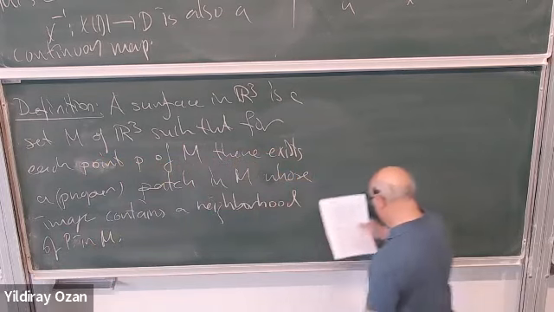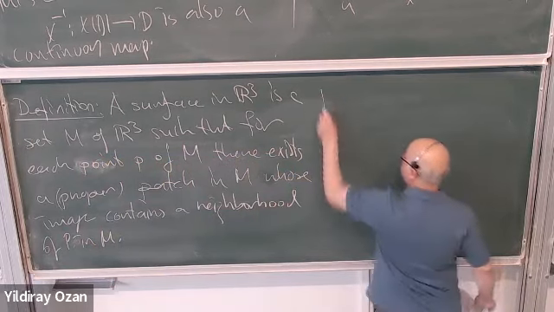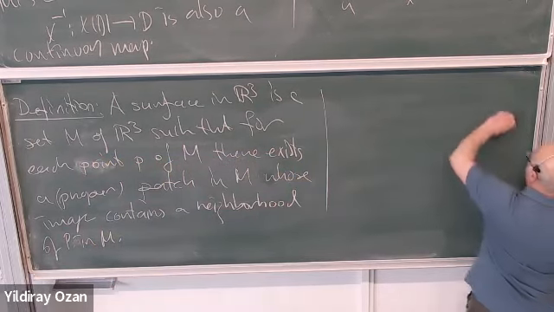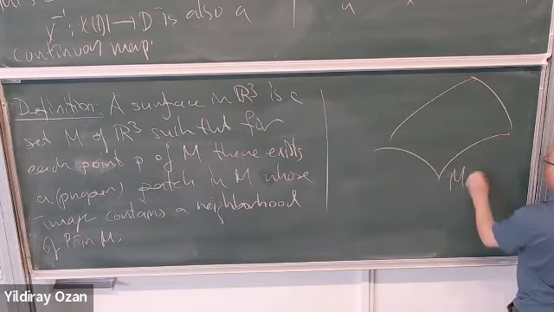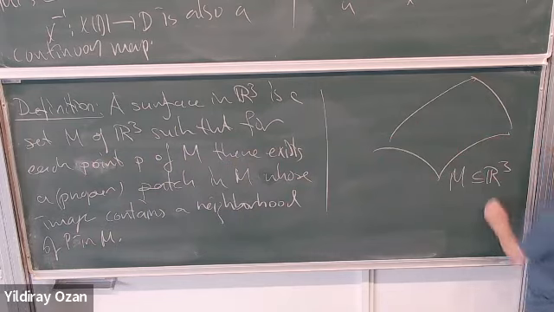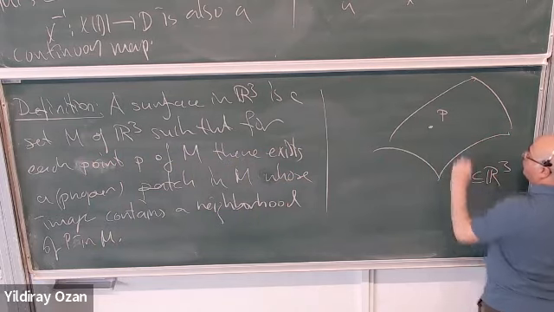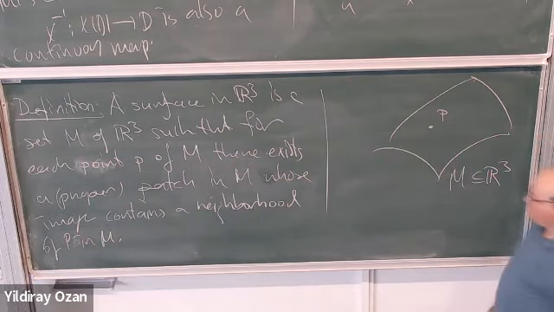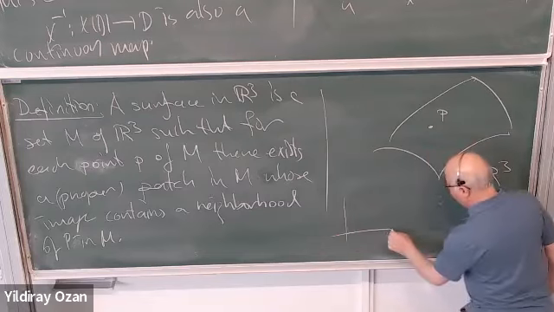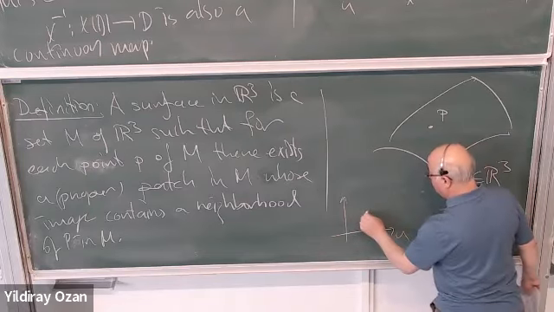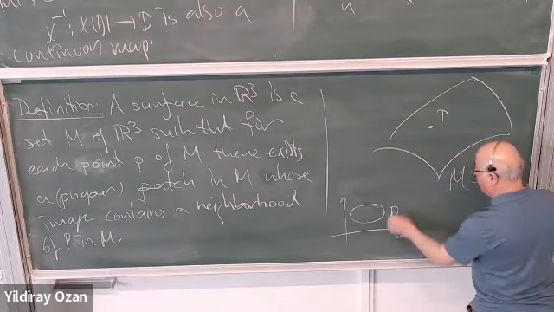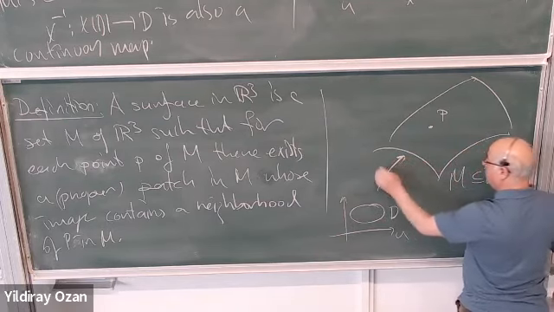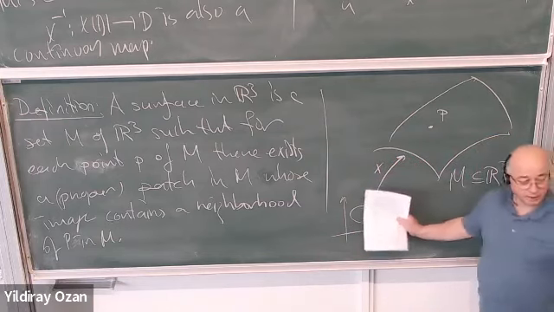So what's a surface? A surface in R3 is a subset of R3 with the following property. Whenever you pick a point here, there should be a coordinate patch. You should be able to find some function defined on an open subset of R2. This function should be proper.